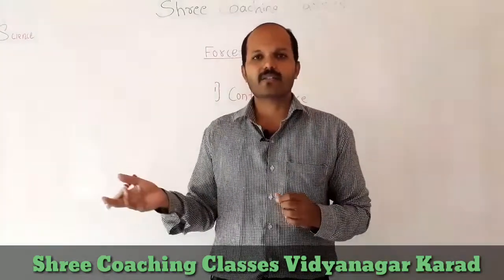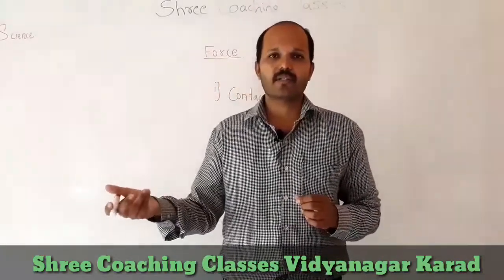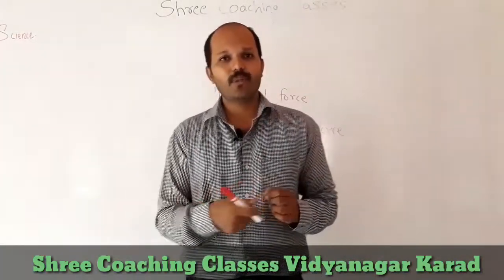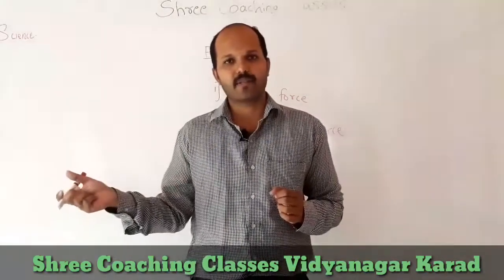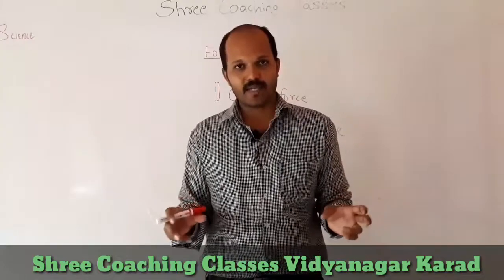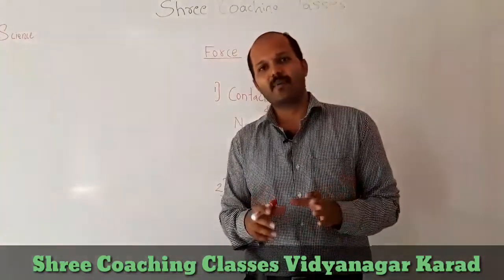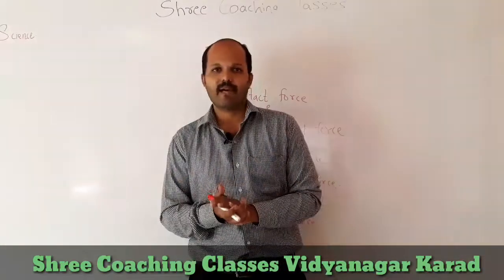Obviously the older students, those in 11th or 12th standard, will pull the rope towards themselves. It means these types of force are known as unbalanced force. So these are the examples of balanced force and unbalanced force.